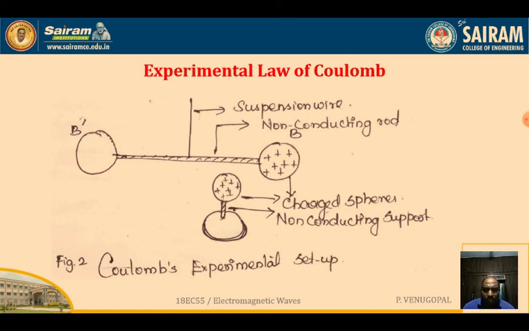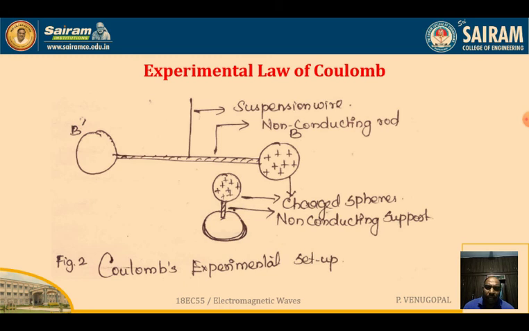When the charge A is brought near to the charge B, the non-conducting rod starts rotating. As the rod rotates, the wire becomes twisted, and the angle of twisting of the wire increases as the number of turns increases.